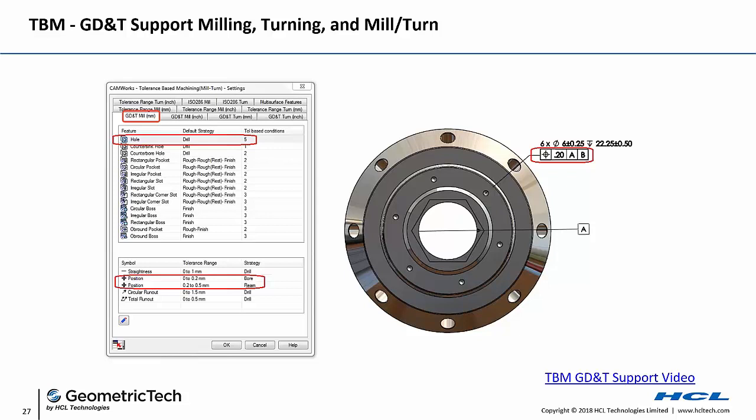Over on the left, lower left there, you can select any of up to 14 different GD&T symbols, assign a tolerance range, and then select a particular machining strategy. So this is really moving quickly.